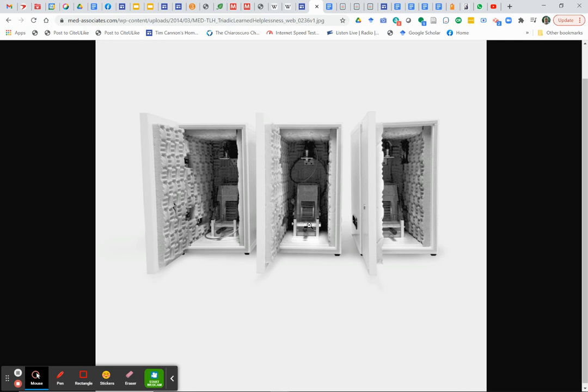But in one scenario, if they get shocked and they spin that wheel, the shock gets turned off. And it doesn't just get turned off for them, it gets turned off for their partner, their yoked control. And this guy doesn't get shocked. So it's classic research, very relevant to, whoa, didn't mean it.